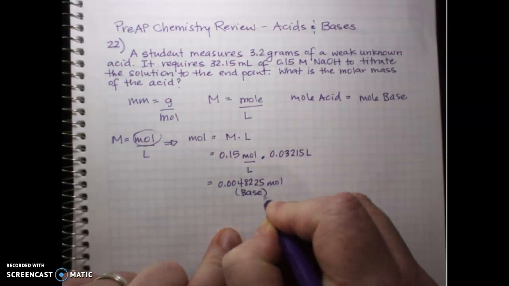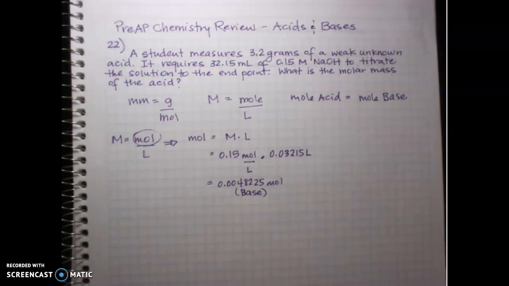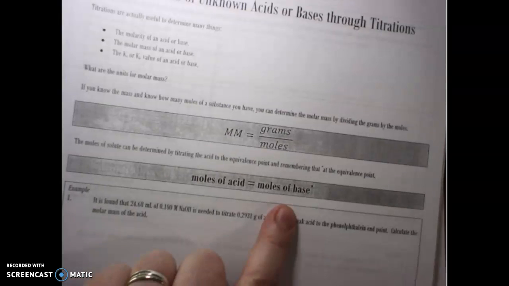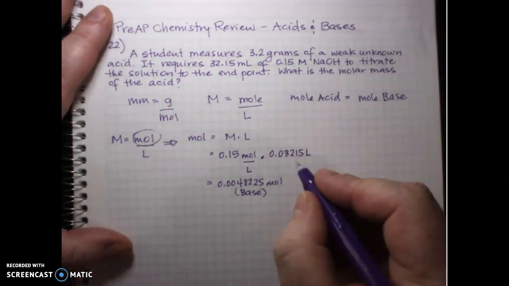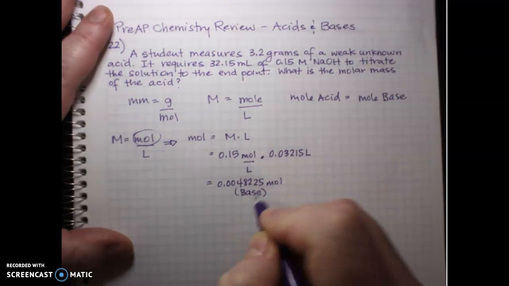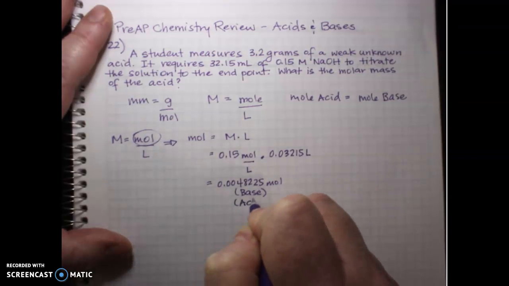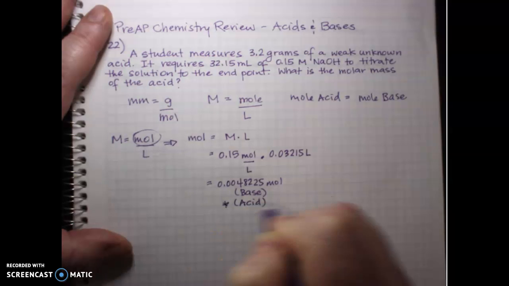And what do we know about titrations? We know that the moles of our base have to equal the moles of our acid. So that also means that it equals the same number of moles of our acid.